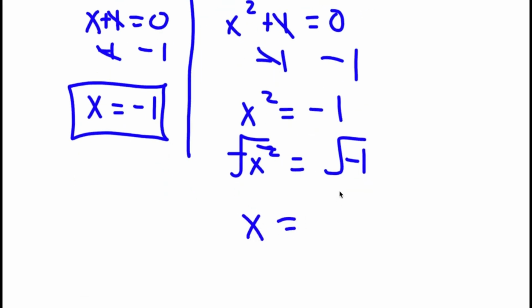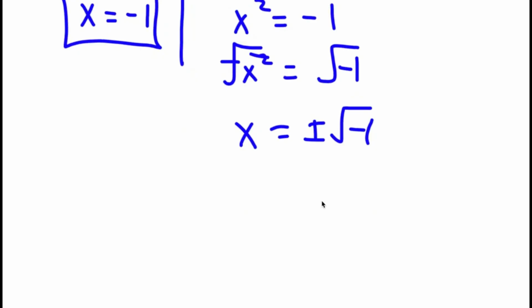So x equals positive or negative square root of negative 1. And if you didn't already know, the square root of negative 1 is equal to i, the imaginary number i. So now, if I replace the square root of negative 1 with i, I get x is equal to positive or negative i.